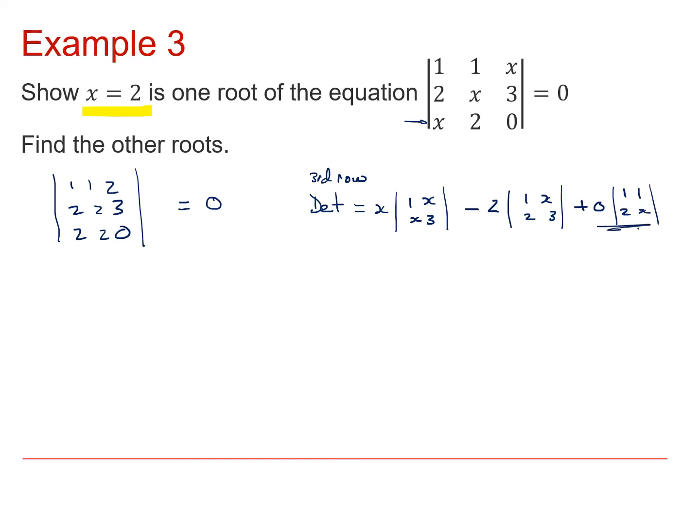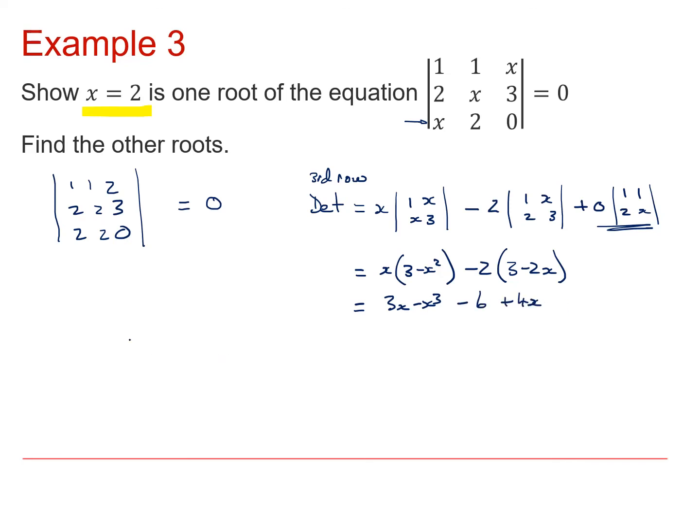And of course this bit I don't have to calculate. So this is going to give me x times (3 minus x squared), and this is minus 2 times (3 minus 2x). And multiplying that out, I get 3x minus x cubed minus 6 plus 4x.